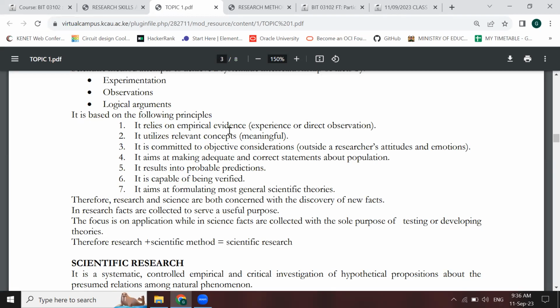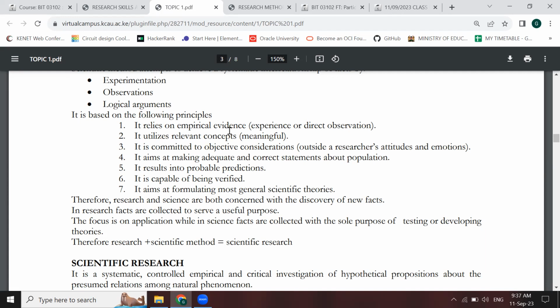For example, initially many thought that we cannot deliver sessions virtually. There was that notion of fallacy. But by conducting research, we came to find out that even virtual classes are effective as long as you deliver as per the learners' expectations.